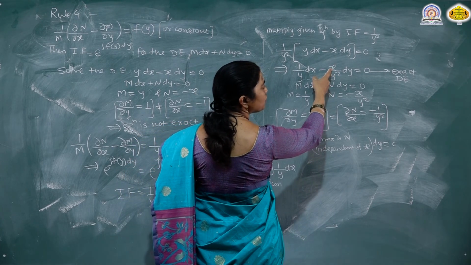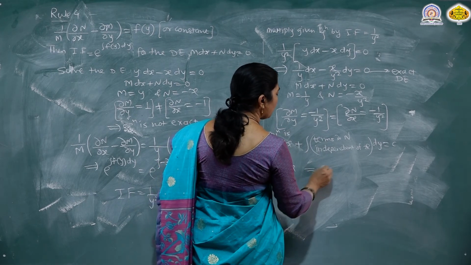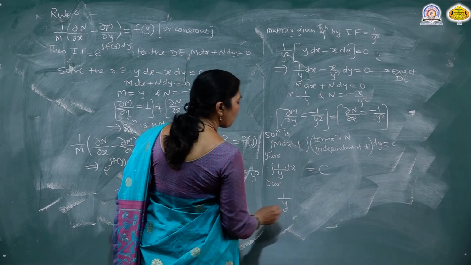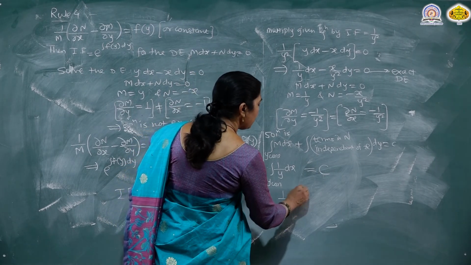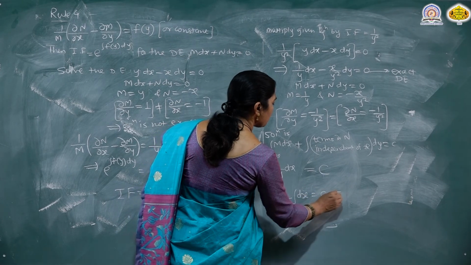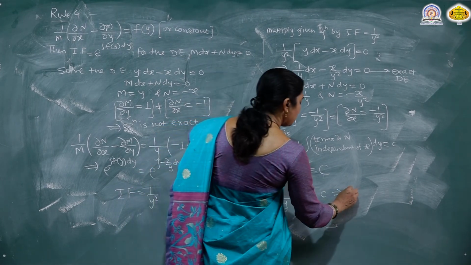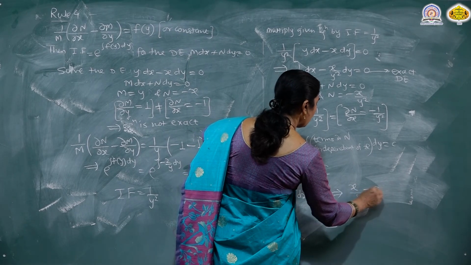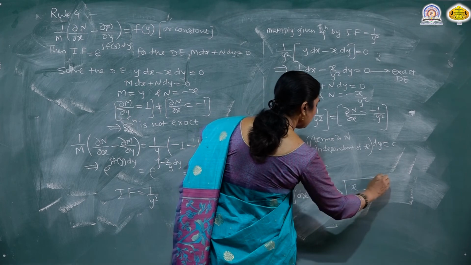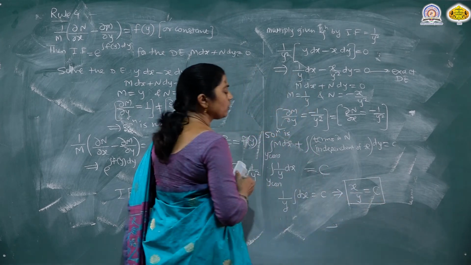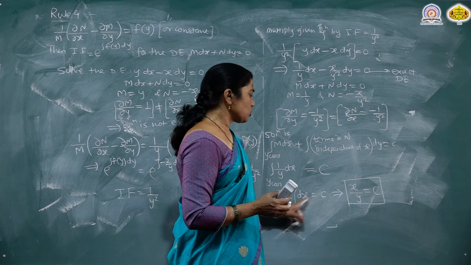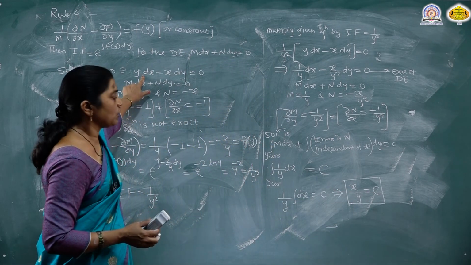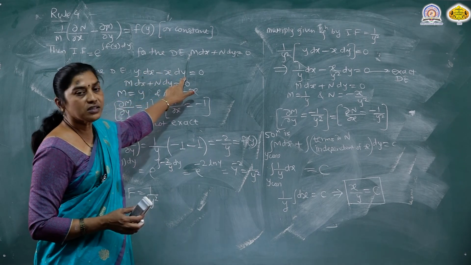There is no term which is independent of x, and therefore here there will be no term. Y is constant, so 1 upon y is outside. Integral dx is equal to c. Integral dx is x, so it becomes x upon y is equal to c. So observe that this is the solution of the given differential equation. So x upon y is equal to c is the solution of this differential equation y dx minus x dy equal to 0.